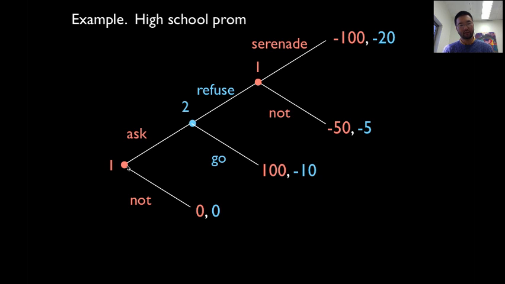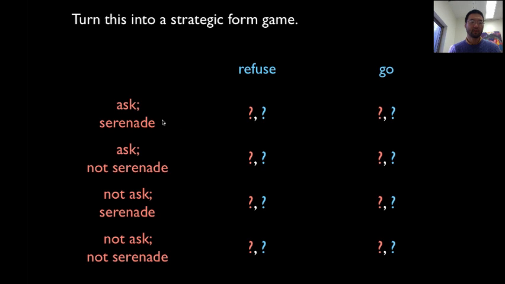So actually 1 has 4 strategies. A choice of what to do here, and a choice of what to do here. It looks like this. Again, 2's strategies are simple: either refuse or go. 1 can either ask and then serenade, ask and then not serenade, not ask and serenade, and not ask and not serenade. So 1 has 4 strategies.